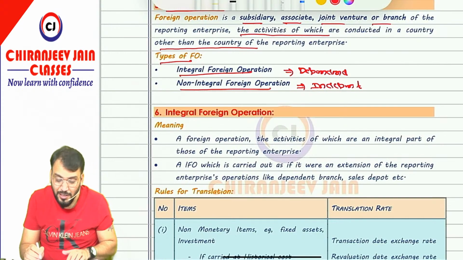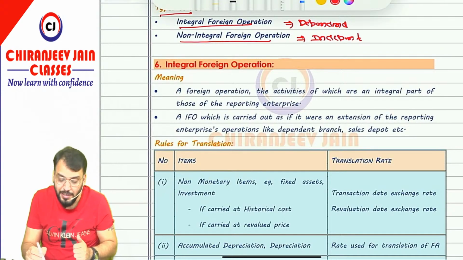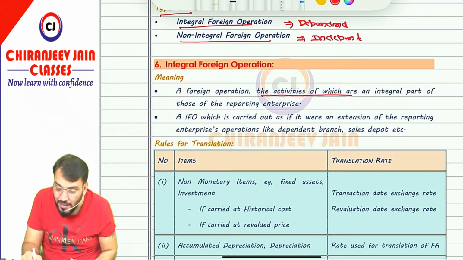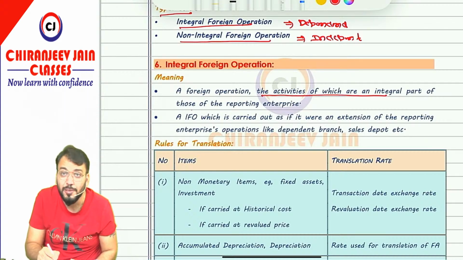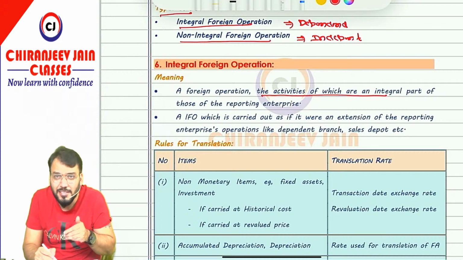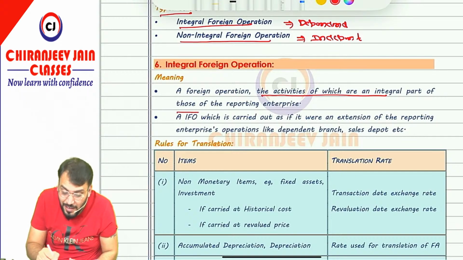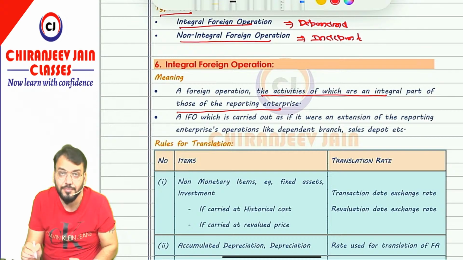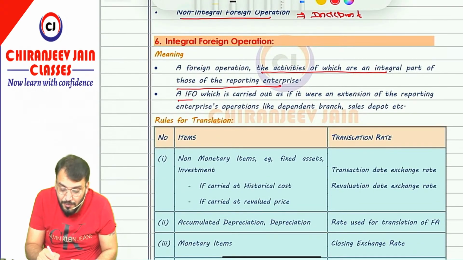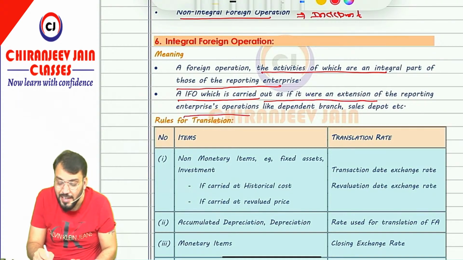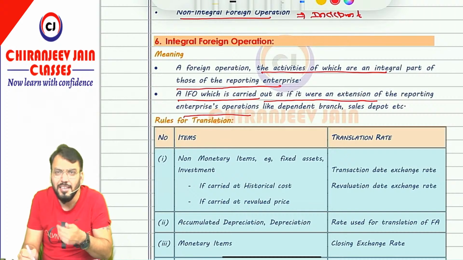Yes, sir. So integral foreign operations are those the activities of which are an integral part of those of the reporting entity, meaning their activities are as simple as the activities of the reporting entity. So integral foreign operation is carried out as if it were an extension of the reporting entity's operation, like a dependent branch or a sales depot, etc.